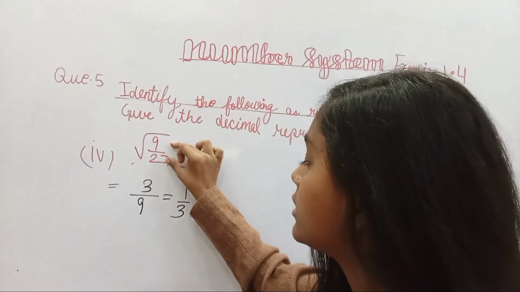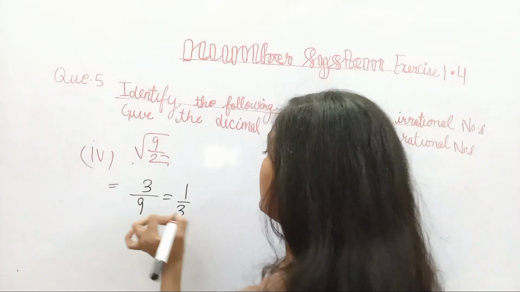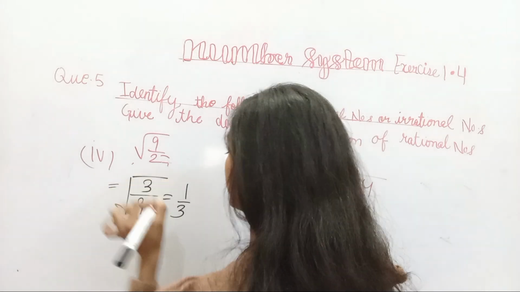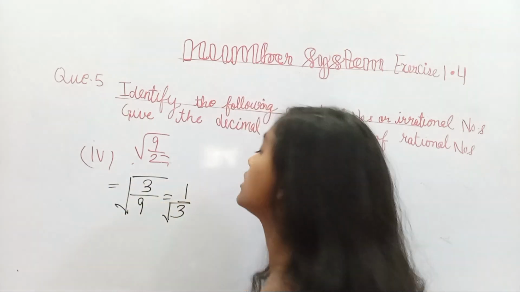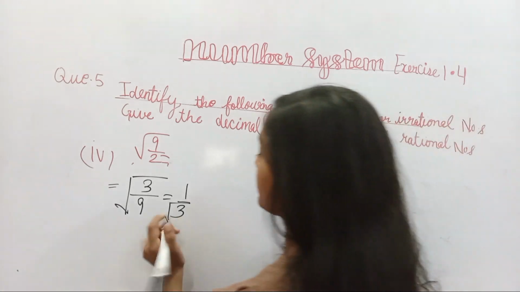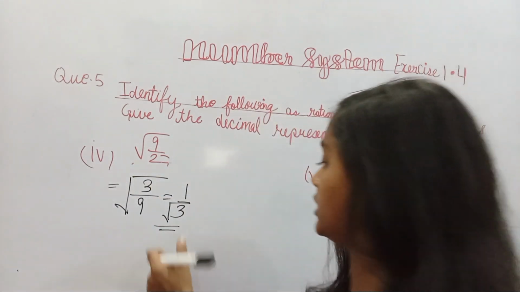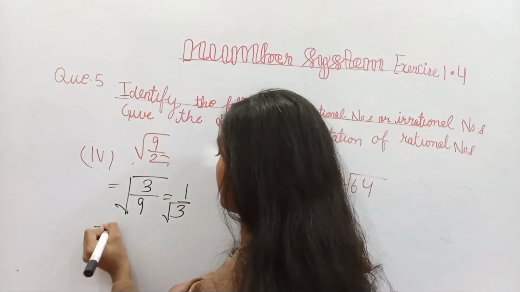So root 9 by 27 would be root of 1 by 3, which would be 1 by root 3, which is an irrational number.